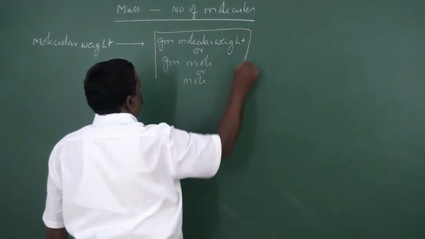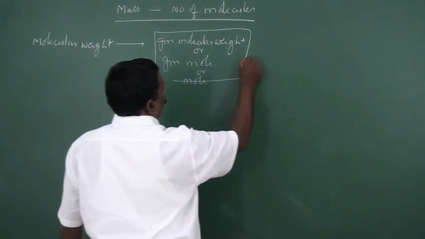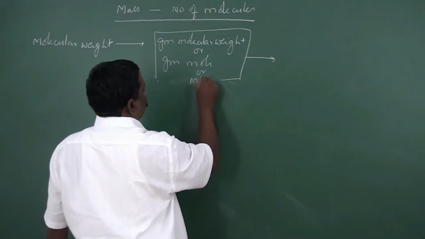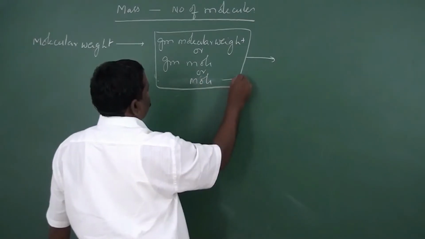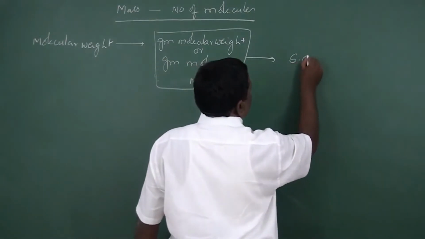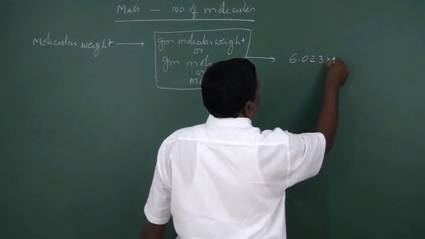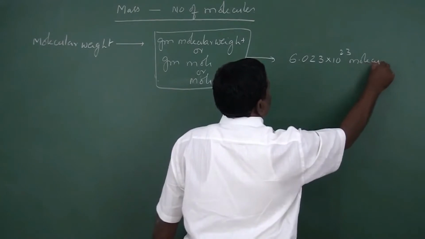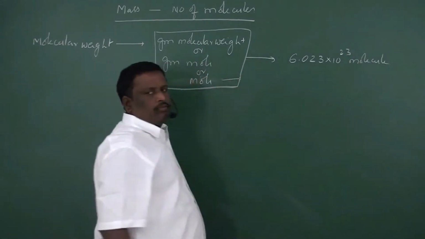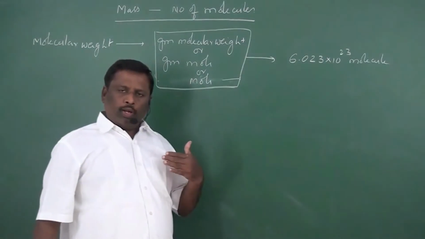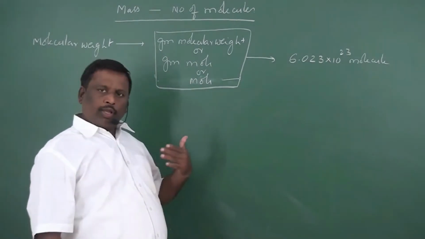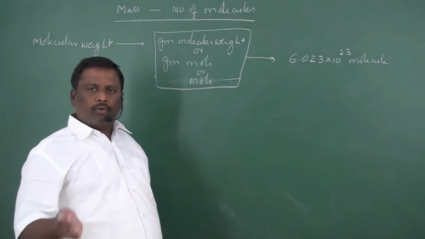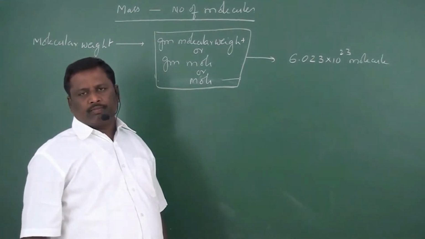Now, 1 mole of any substance will contain 6.023 into 10 to the power 23 molecules. So, this is the relation. If the weight of the substance is given, we already know how to calculate the number of moles present in it.